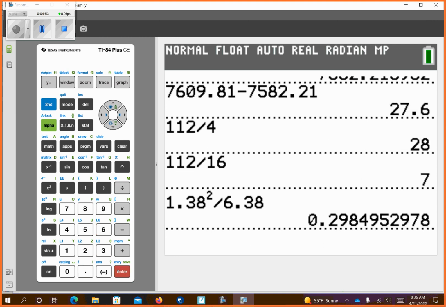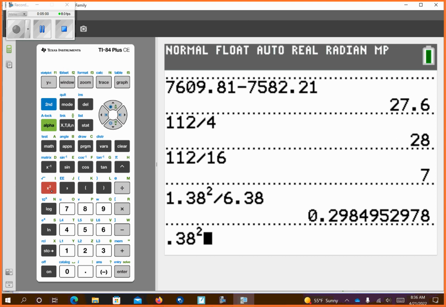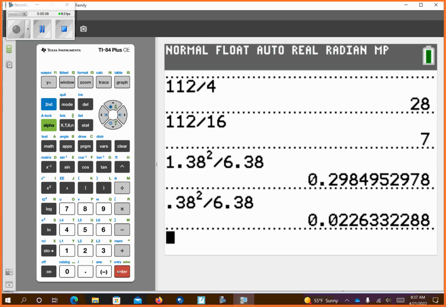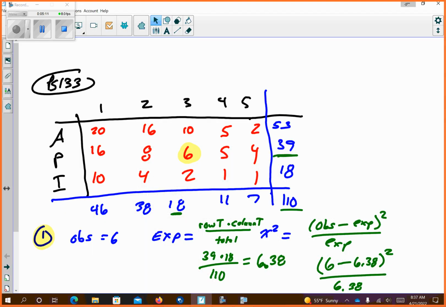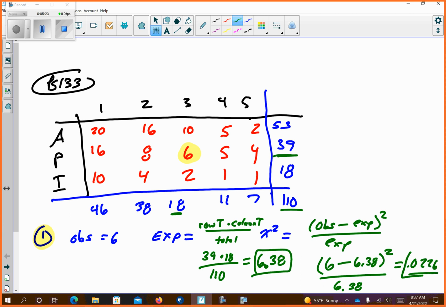And so that comes out to 0.0226. So that means that our chi-squared on this would be 0.0226. All right. So we're not using yet any of the CDF stuff.